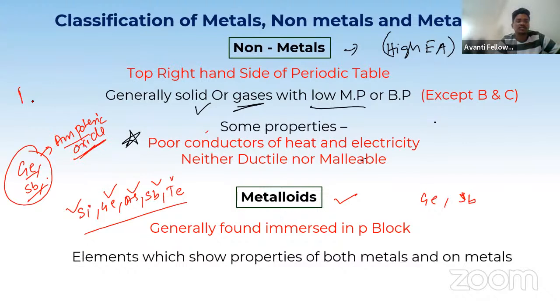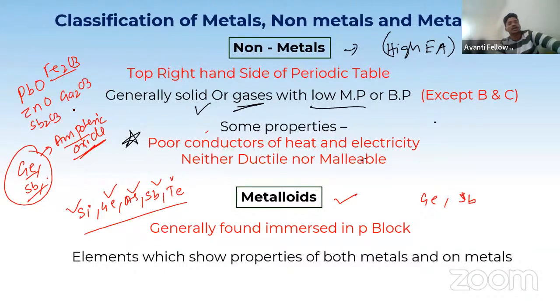Some others are lead oxide and zinc oxide. Sb2O3 is also an amphoteric oxide. ZnO is also amphoteric. Fe2O3 is also amphoteric. Ga2O3 is also amphoteric. Very, very important: Al2O3 is an amphoteric oxide. So amphoteric oxides are very important for your examination.